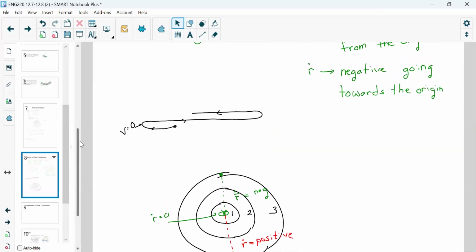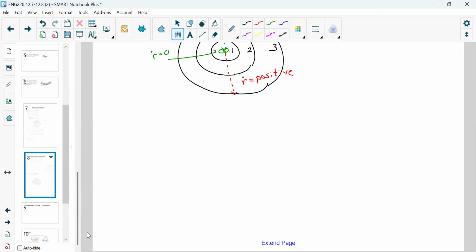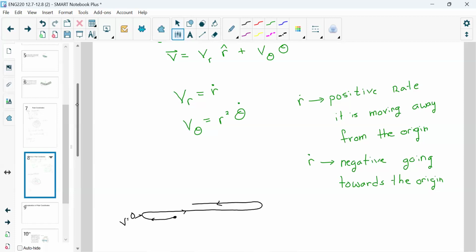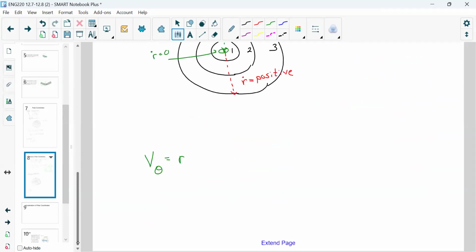Now theta, let's talk about what this means. When we are dealing with v theta, I had that listed, I believe, if I wrote it down properly. Oh, it's not squared. Acceleration is squared. No square here. So this is going to be r theta dot.